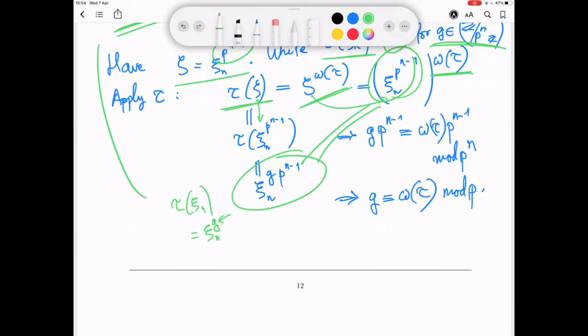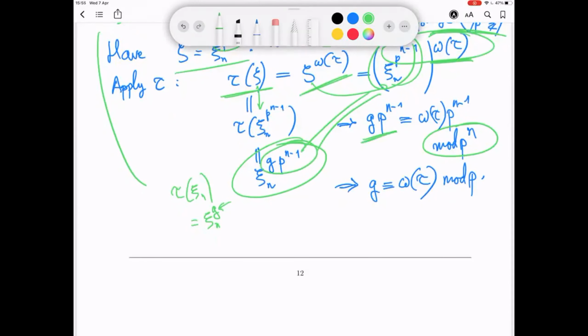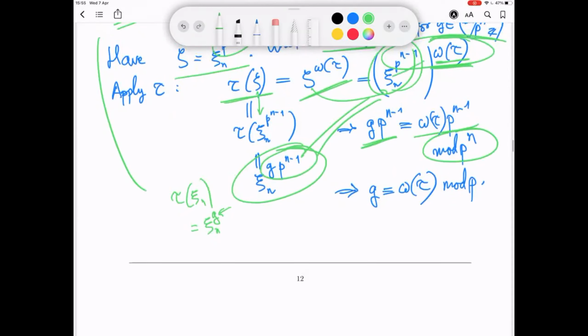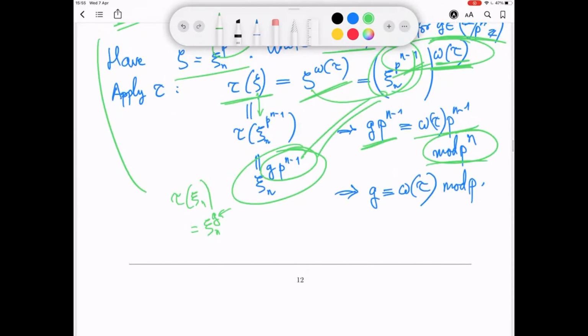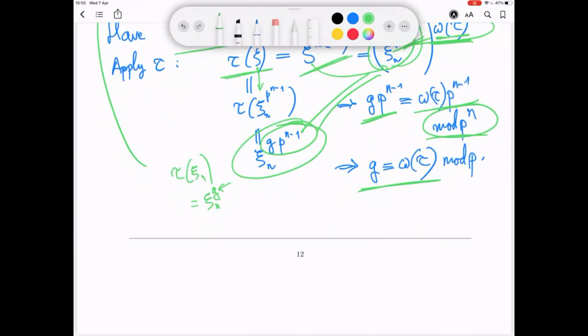And therefore the exponents don't have to be equal. They have to be equal modulo p to the n. But the exponent here is g times p to the n minus 1. The exponent here is omega tau times p to the n minus 1. So they can be equal modulo p to the n only if g is congruent to omega tau modulo p.